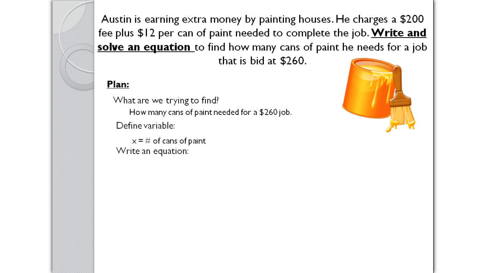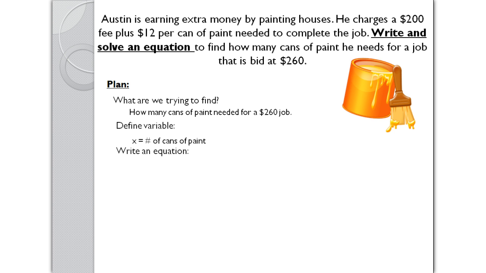So now I need to write an equation. I'm going to start by just reading through the problem again. Austin is earning extra money by painting houses. He charges a $200 fee. So $200 is what it costs him to show up at your house before he puts his paintbrush to your wall or whatever it might be.